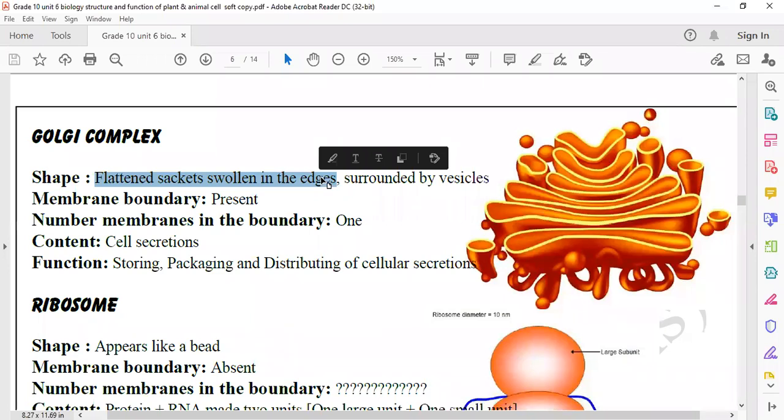Right? Hope the rest is clear to you. Inside this, if you have a red pen, take a red pen and mark these dot-like things to show that there are secretions inside them.